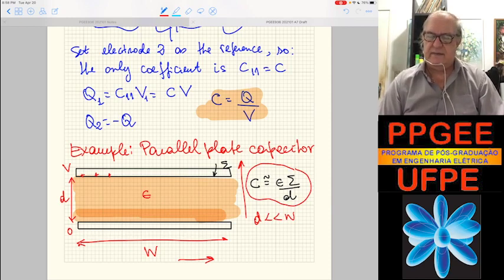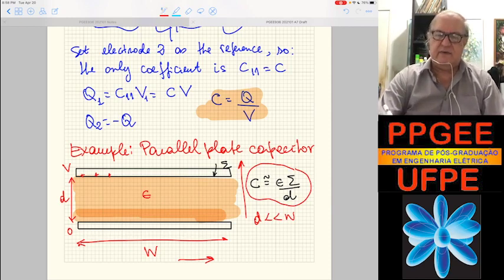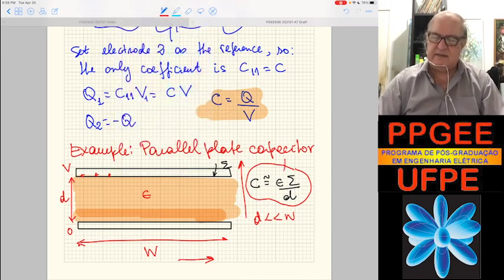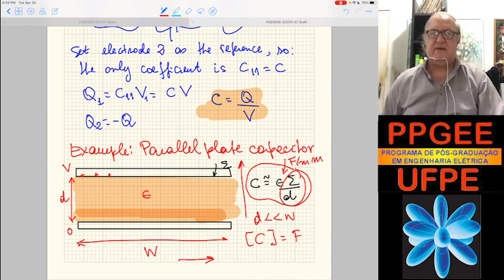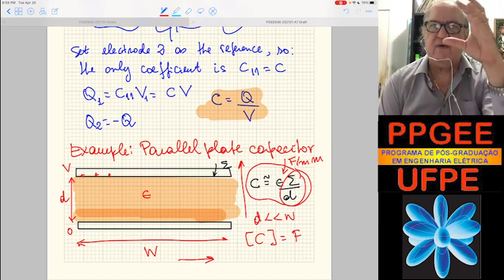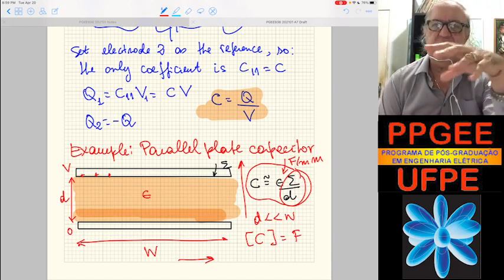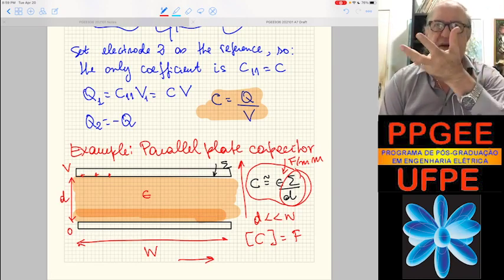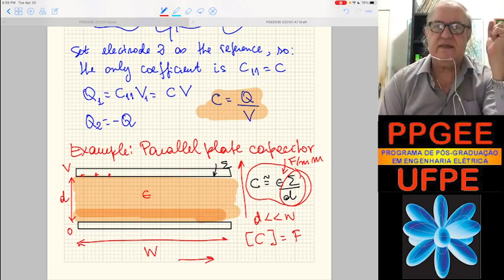Okay, so this is, recall, right? Epsilon is in farads per meter, D is in meters, so capacitance is in farads. So capacitance is the unit of permittivity times area over length. In general, you can estimate the capacitance by looking at the ratio between the area of your system and the separation of electrodes, typically.